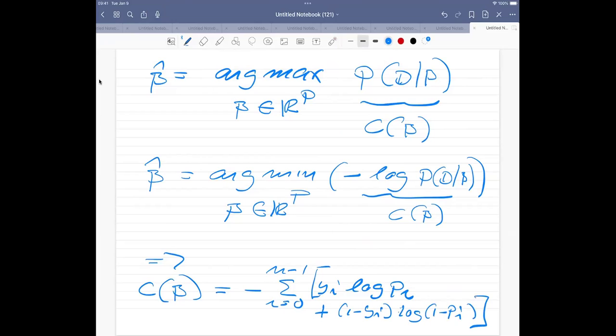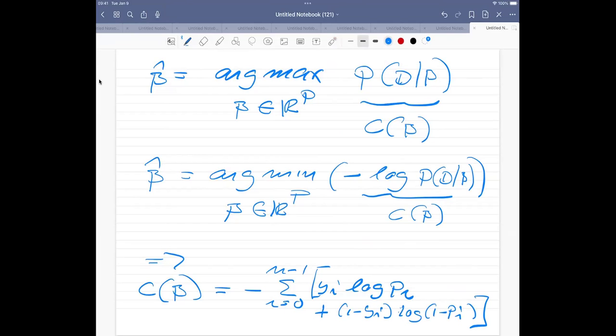Let's put parentheses here. And now I'm going to put in the explicit model for p_i. So the expression now is pretty generic. We have to specify the p_i we are going to plug in.